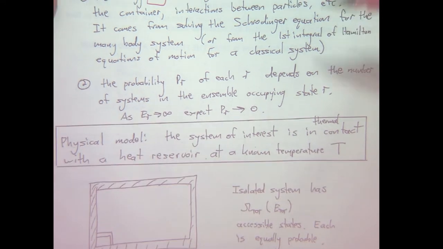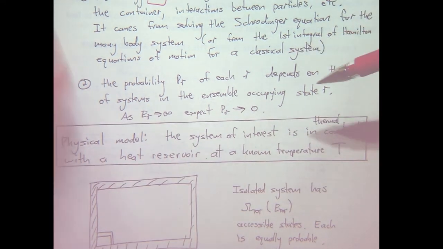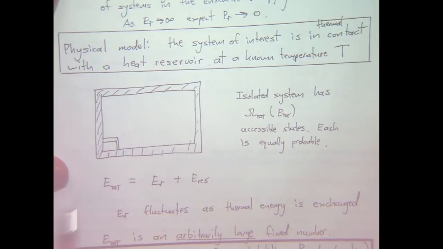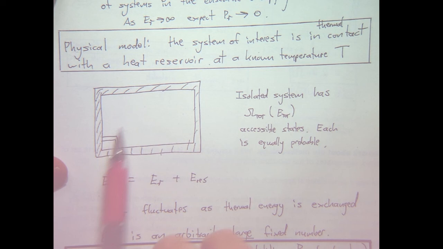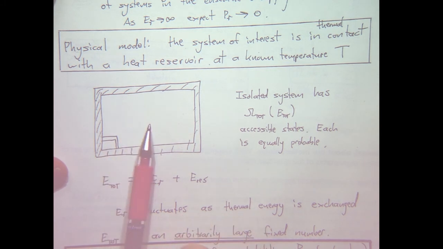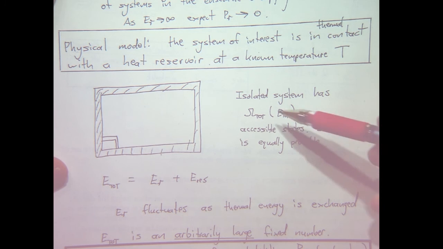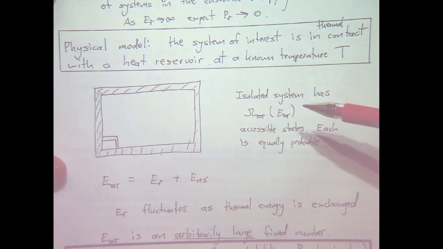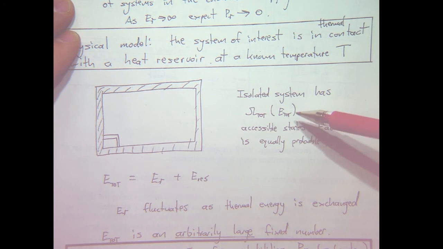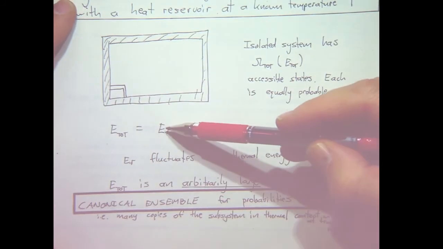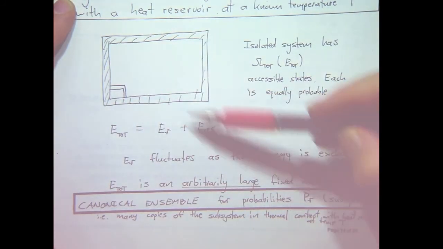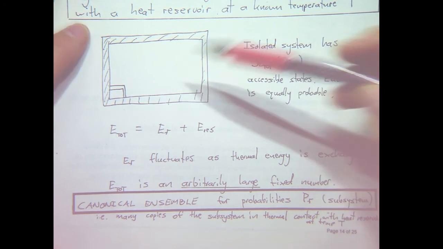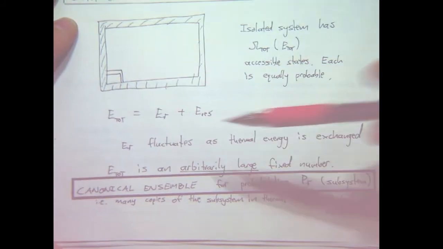All right. Now the physical model that we're interested in is a system in contact with a heat reservoir. The isolated system has a number of accessible states, omega total, E total, and each of those is equally probable. And E total is the energy of the small subsystem and the energy of the rest, which is the reservoir.